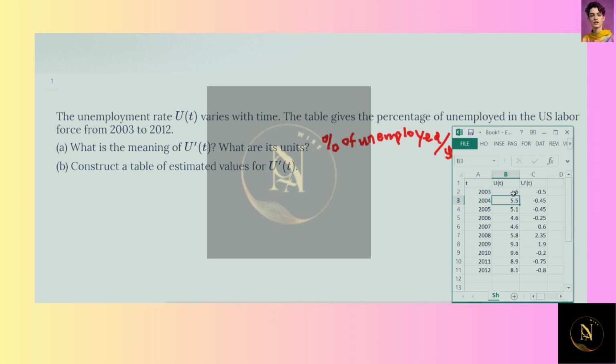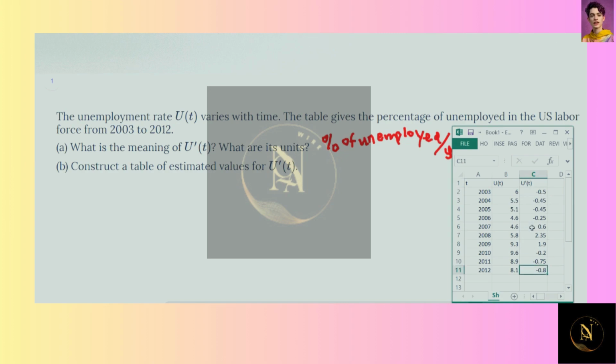And then we're going to do the previous year, so the unemployment percent of 1 year, and then the year before, that difference of the unemployment rate divided by 1 year, which is the interval. And those two average rates of change are averaged for each of the years, and it gives us these approximate rates of change for u prime of t.